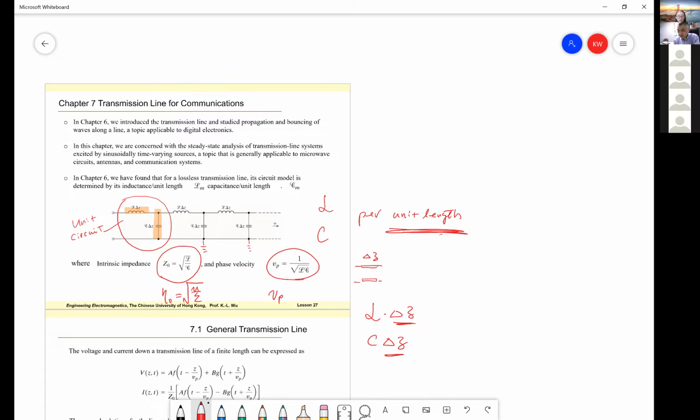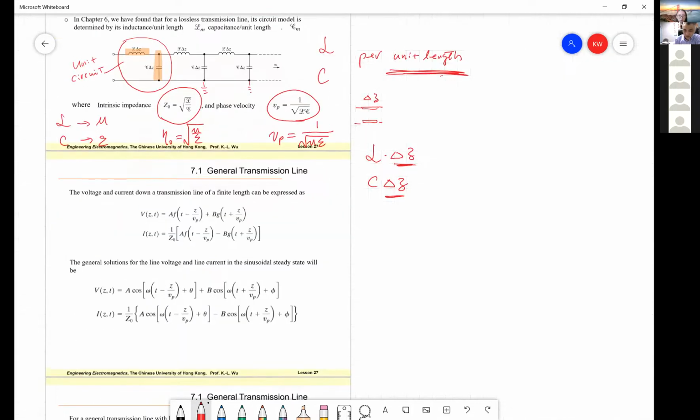So therefore, inductance corresponds to mu, capacitance corresponds to epsilon. And we also know the voltage and current have one wave propagating in one direction, then another wave propagating in the minus direction. So this stands for wave, right?